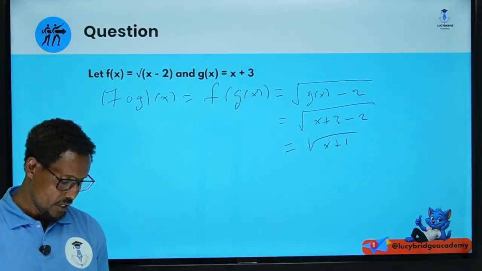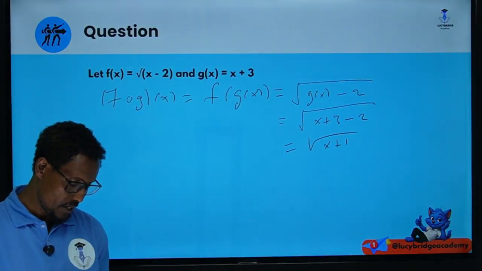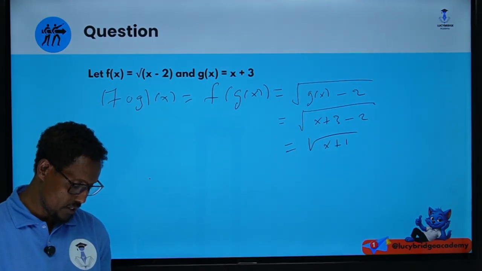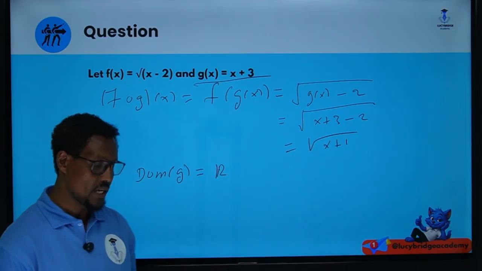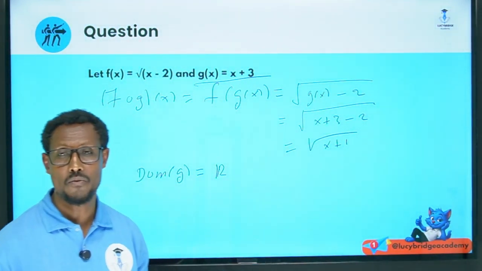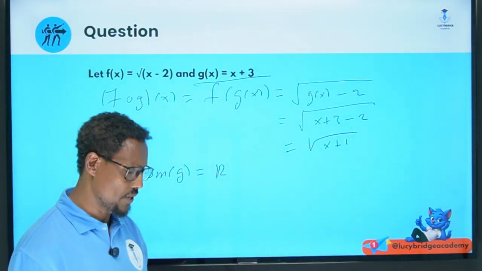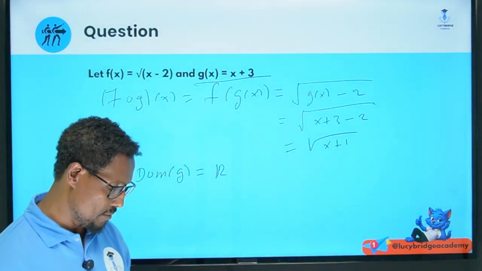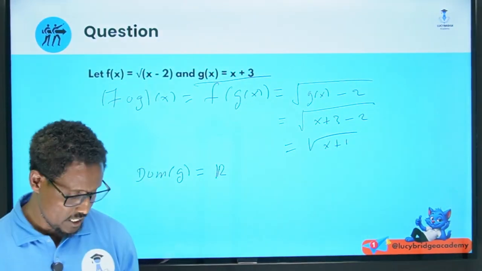Now, what is the domain of f circle g? Domain of g first. The domain of g is the set of real numbers, because g of x equals x plus 3 is linear, and the domain of every linear function is the set of real numbers. In place of x you can put any number you want.